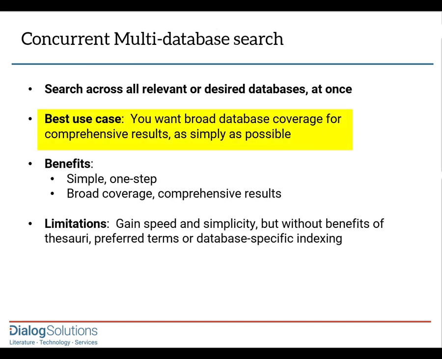You just want to get your search done, and you want it fast and simple. In that case, you can choose the third method, which is to search multiple databases concurrently, all at the same time, using one strategy that will work across all of the databases.